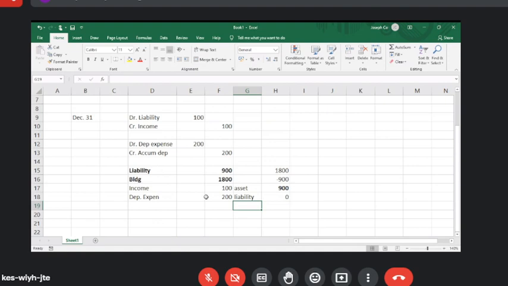Pero again, no? Yung income, 0. Tapos yung depreciation expense is equal to 200 minus 100. No? Okay. Same lang naman yung effect. It is a matter of presentation.